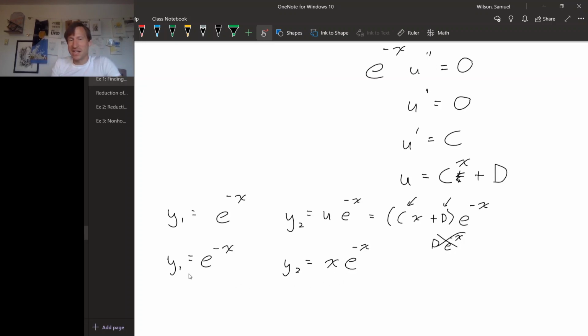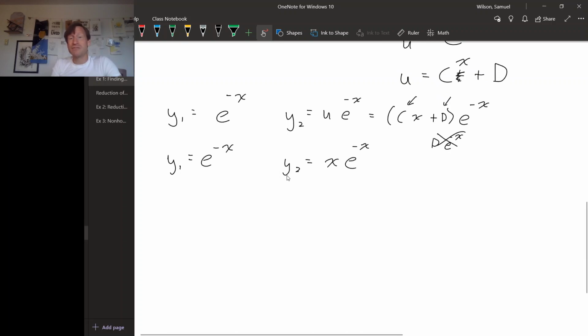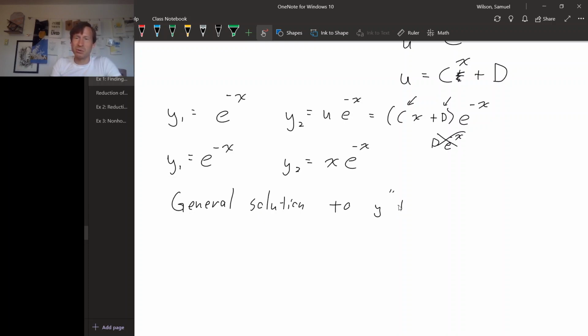Now, I won't double check that these really are linearly independent, but if you compute the Wronskian of these two, you will find that the Wronskian is non-zero, and so these two functions are linearly independent. So now that we have two linearly independent solutions to the differential equation, a fundamental set of solutions, we can write the general solution to the differential equation, which was y double prime plus 2y prime plus y equals 0.